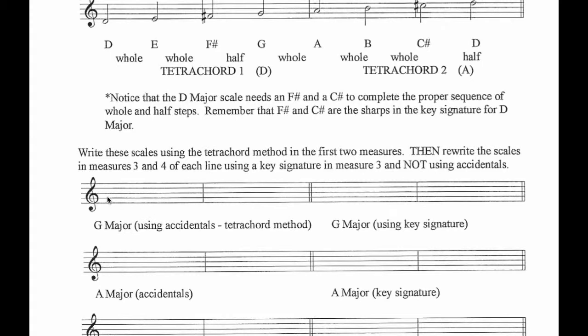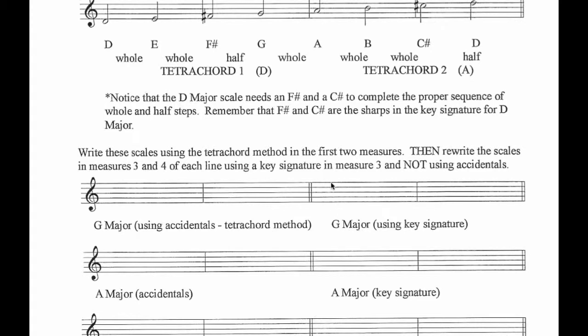Starts on G. Then we go up a whole step to A, and a whole step to B, and then a half step to C. That's the first major tetrachord. Then we have a whole step in between our 2 tetrachords. So C to D satisfies that. So we have G, A, B, C, D. Now we have 1 more major tetrachord to do, and we'll have finished the major scales.